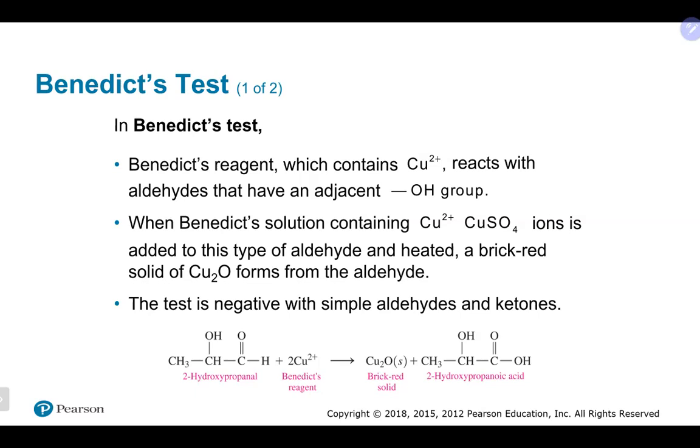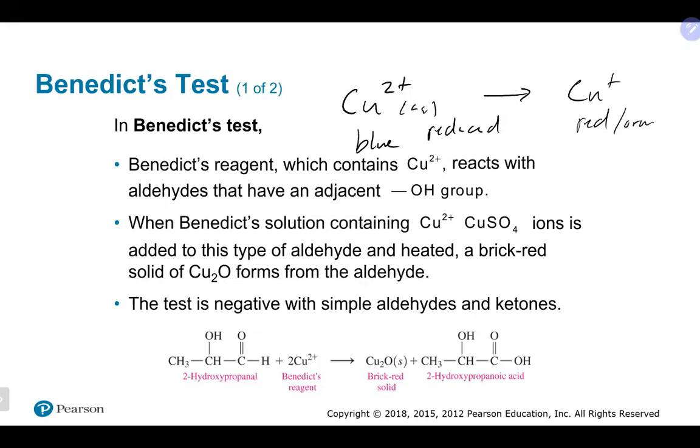In this case, we're actually using copper. We're using copper 2, and copper 2 in its aqueous form is a bluish color. If it gets reduced, it will go from copper 2 to copper 1, and copper 1 is kind of a red-orange color. If your solution goes to a red-orange color, then it is positive for an aldehyde.